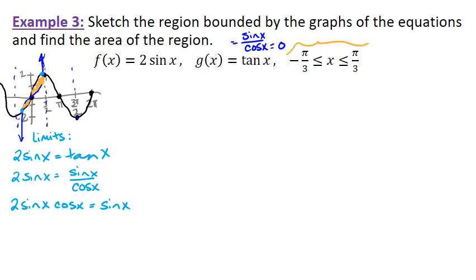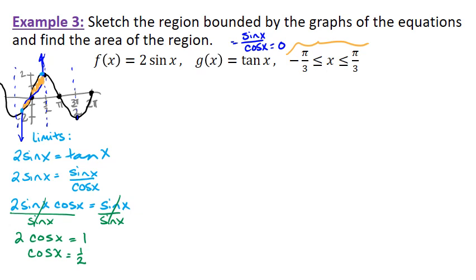And then here, I can divide both sides by sine of x. So 2 cosine of x is equal to 1. If I divide both sides by 2, I get cosine of x is equal to 1/2.